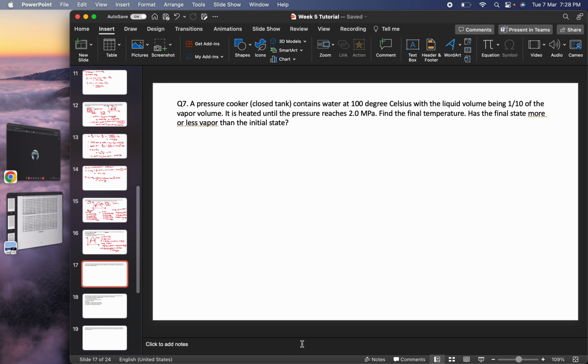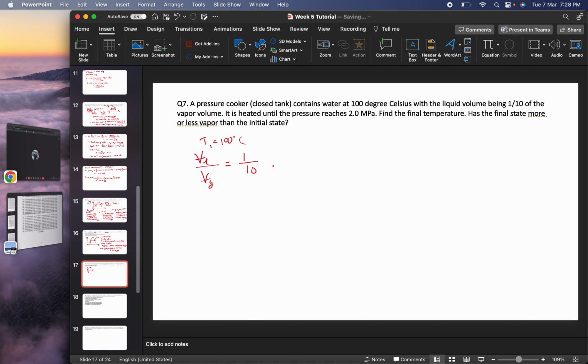Okay, so what is given: your temperature T1 is 100 degrees Celsius. And the liquid volume, that is the total volume of the liquid divided by total volume of the gas, is 1/10. This thing is given to us.